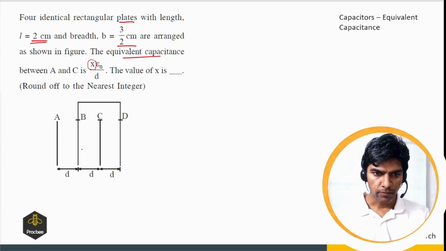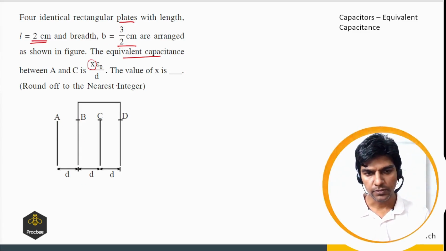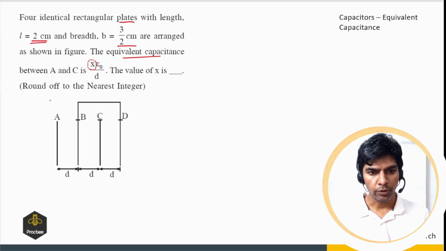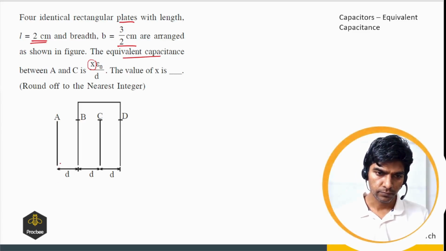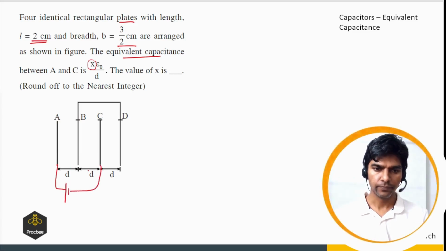So let us see how to find the capacitance between point A and C. Since we are finding the capacitance between A and C, we are connecting a battery like this.